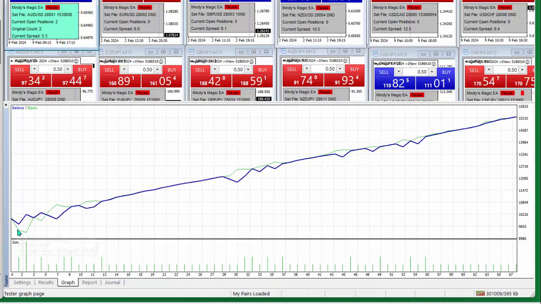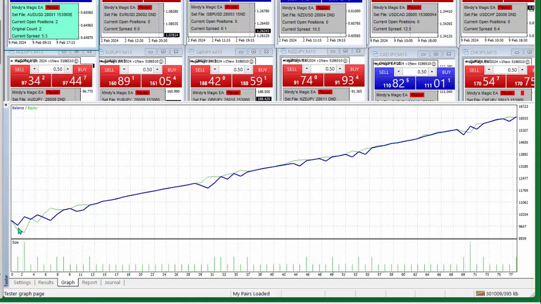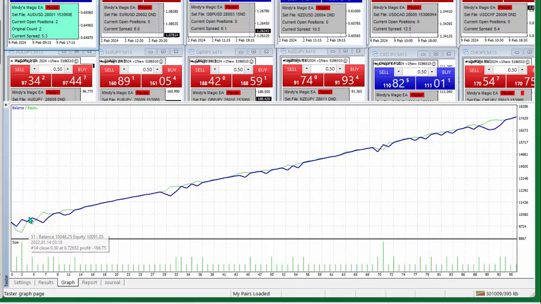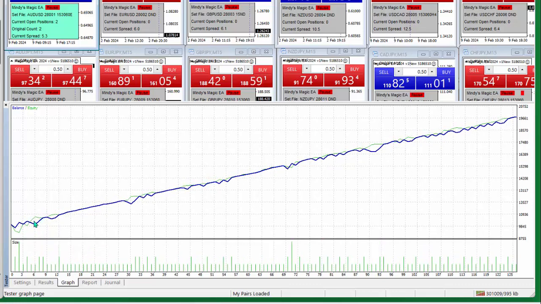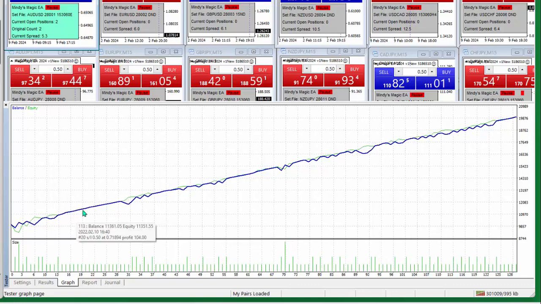So when you see these dips where the green line is dipping below the balance line, it means that the equity is going down a little bit because you opened a trade and it's going negative before it goes positive. And then when you see the two lines converge again, it means that you've closed a trade for a profit, and so the equity and the balance are the same thing.